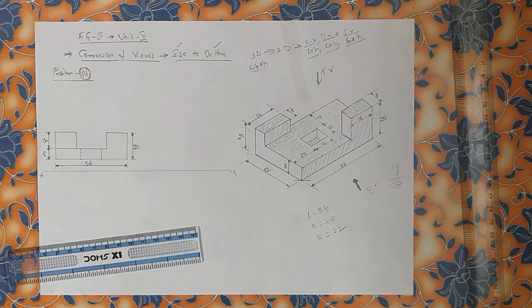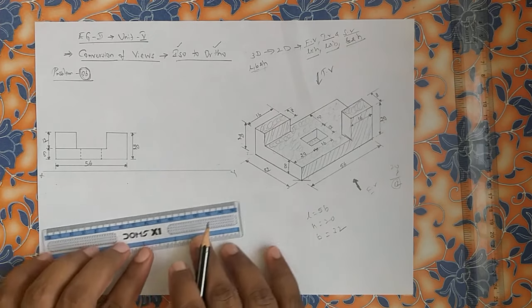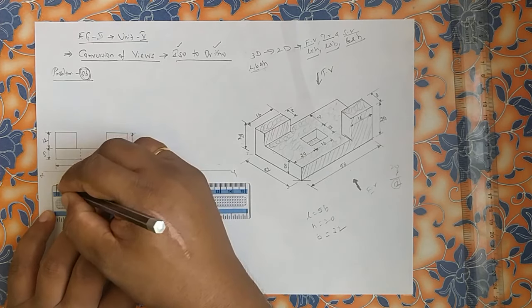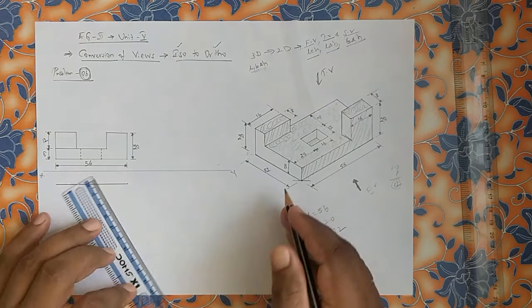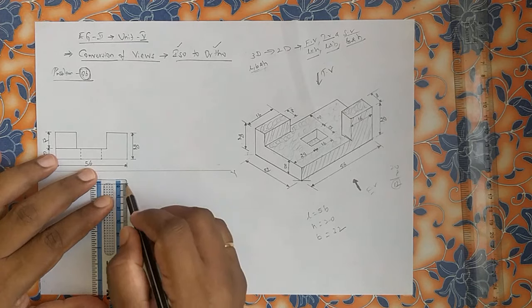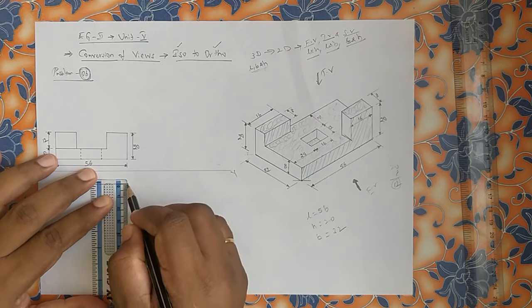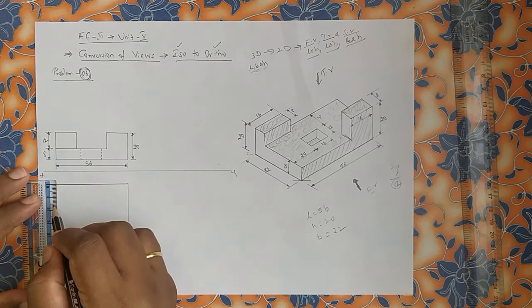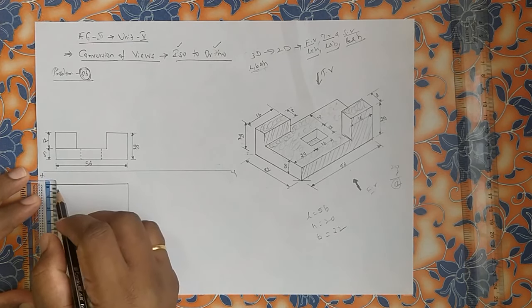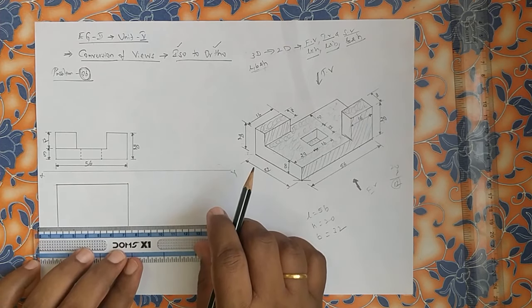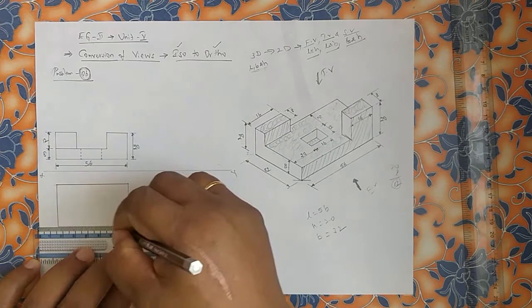So finally I am supposed to draw a box of 56 by 32, 10, 20, 30, 31, 32. Closing the box.